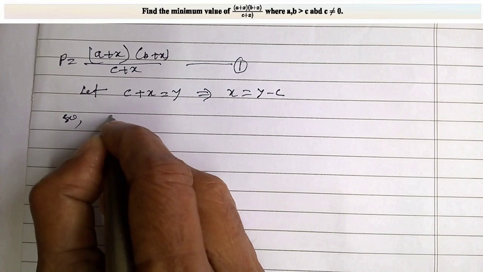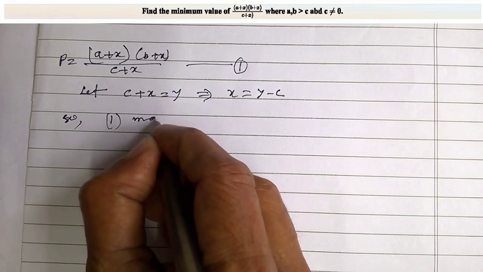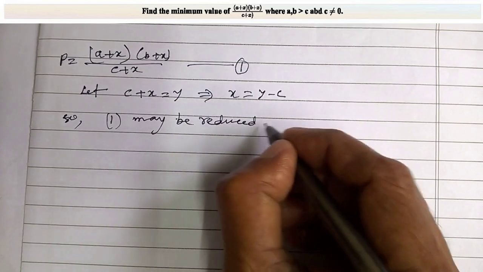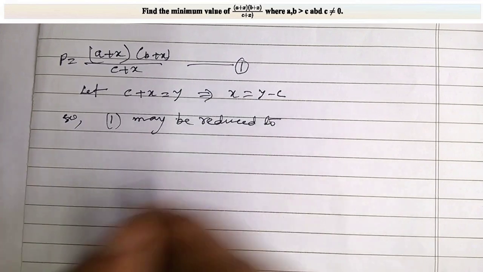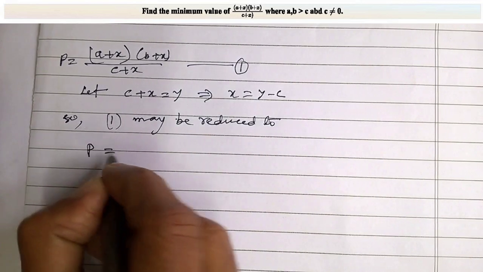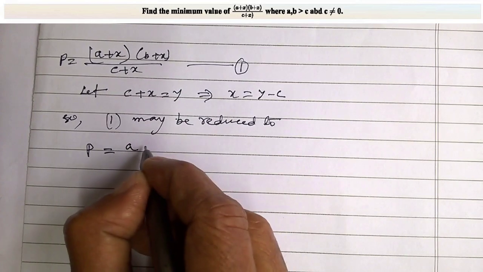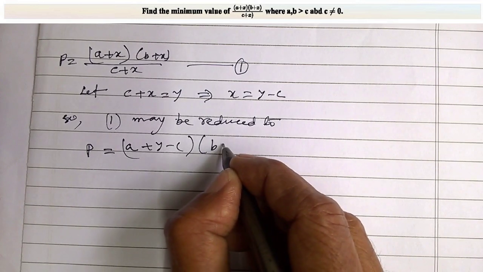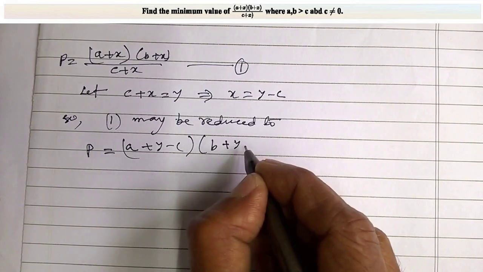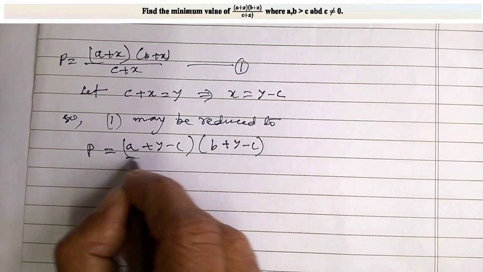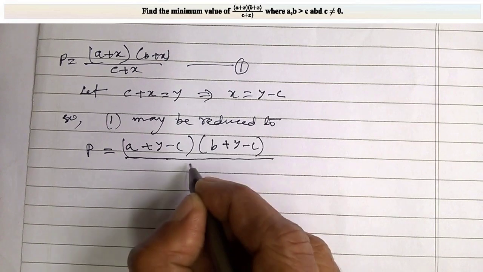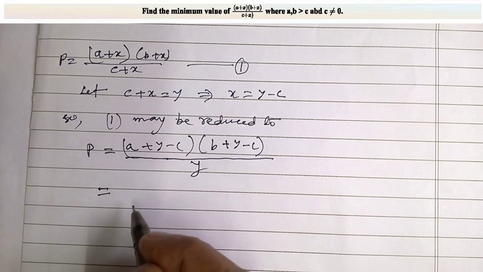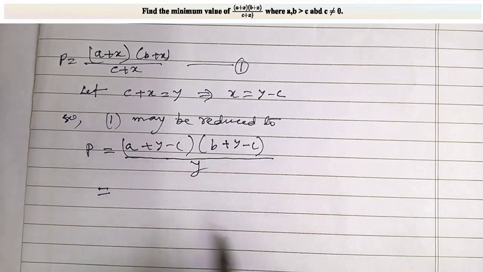So 1 may be reduced to p is equal to the product with a minus c plus y and b minus c plus y, over y. Gradually writing the right hand side, left hand side as it is.